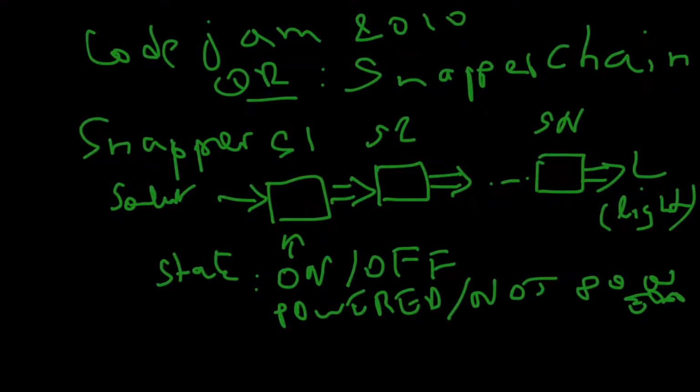Here the problem says that we have n snappers or snapper devices that are chained together in this way here.